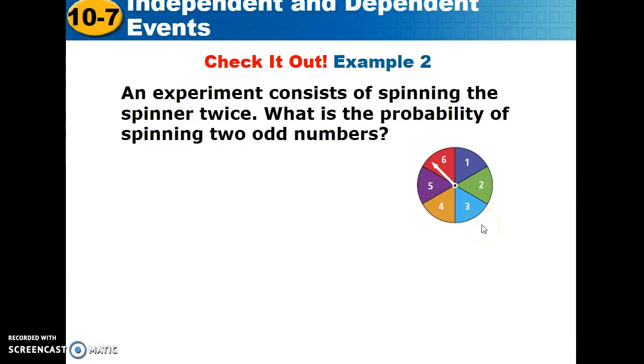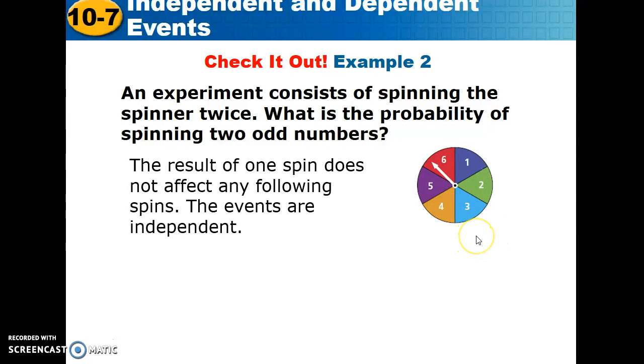Let's check it out, example number 2. It says an experiment consists of spinning the spinner twice. What's the probability of spinning 2 odd numbers? Well, let's look at the probability of spinning 1 odd number, and we want to come back to, is this independent or dependent? We can see that we're going to spin it, same spinner, but we're not removing the section after we spin it.